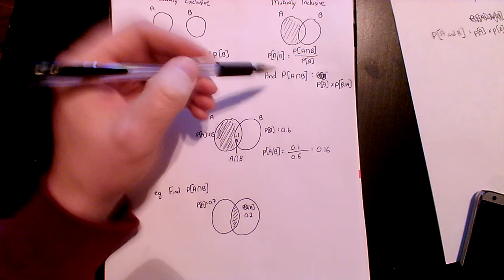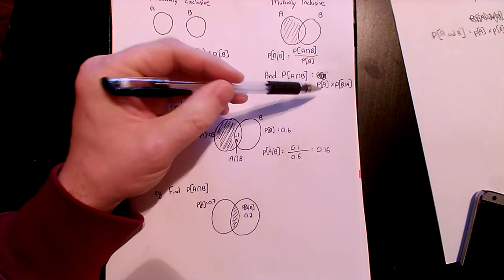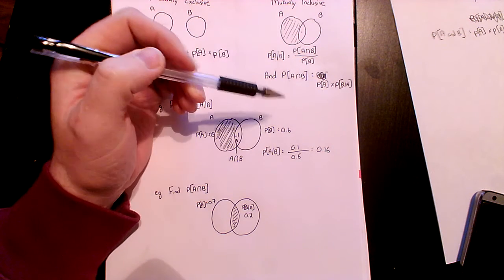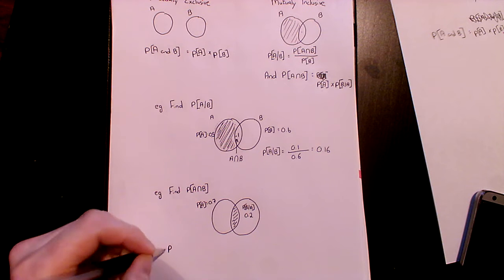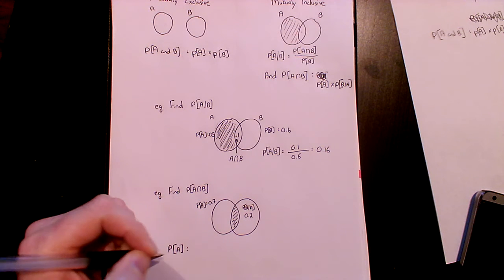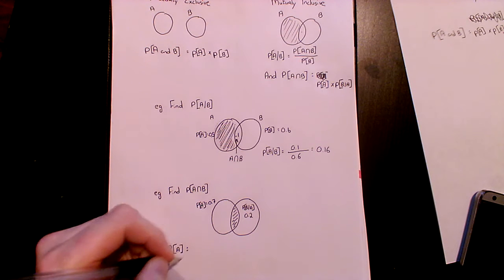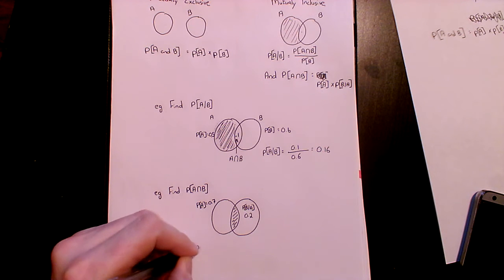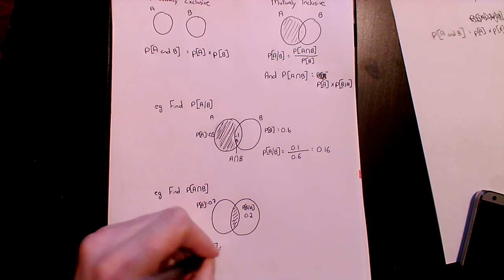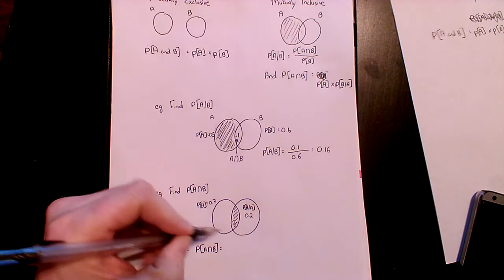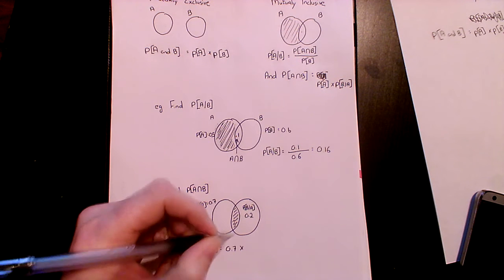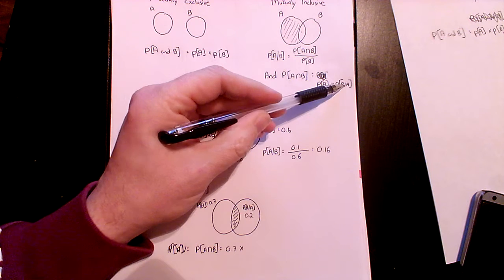If we look over here, the probability of A intersection B is the probability of A multiplied by the probability of B given A. So the probability of A intersection B equals the probability of all of A, which we have, multiplied by the probability of B without A.